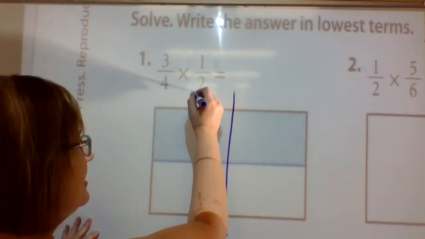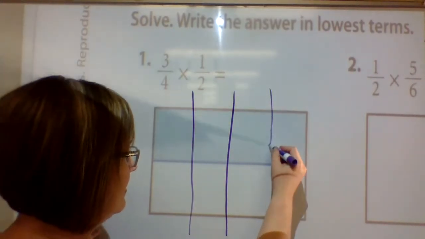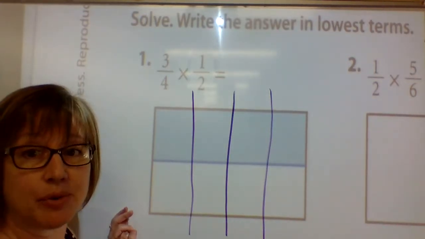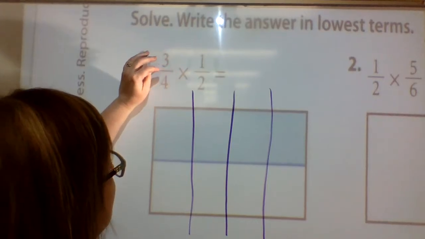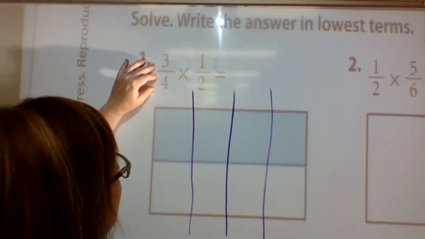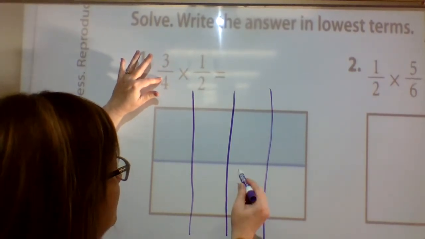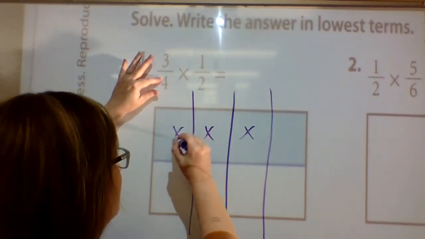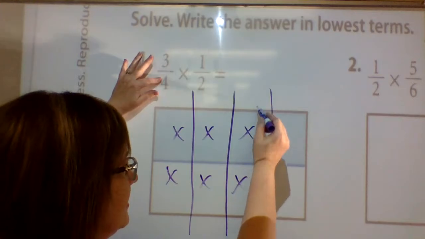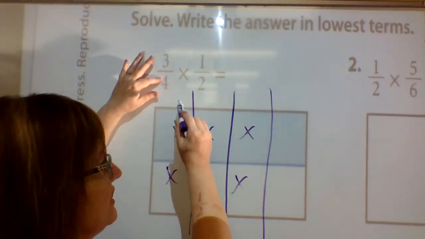There's half, and then divide each half into half. Okay, that makes 4ths, right? 1, 2, 3, 4. So we divided into 4ths. And we want 3 of those 4ths, so that would be these, because this is 1/4, 2/4, 3/4.